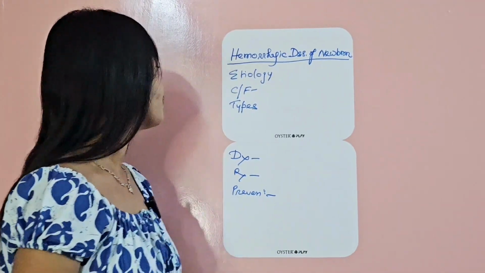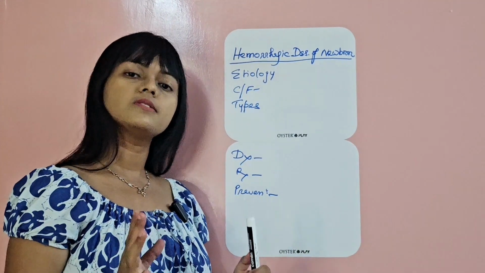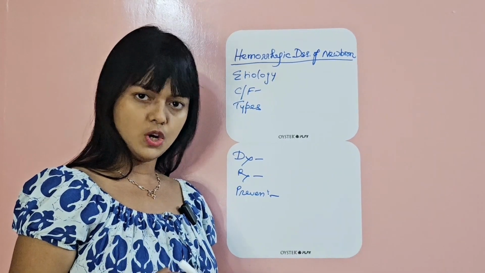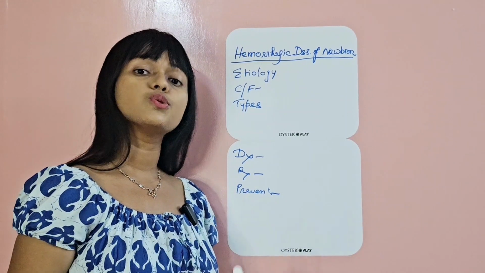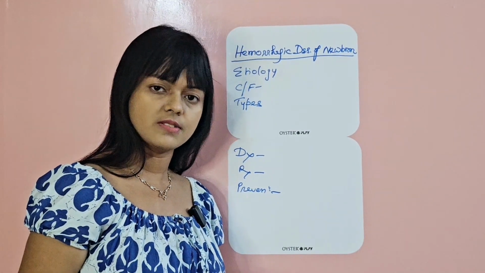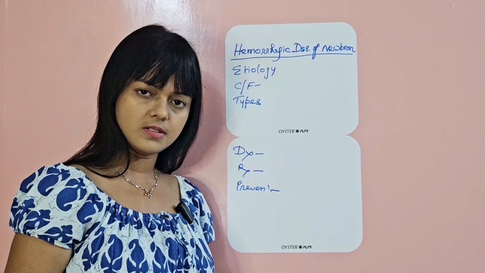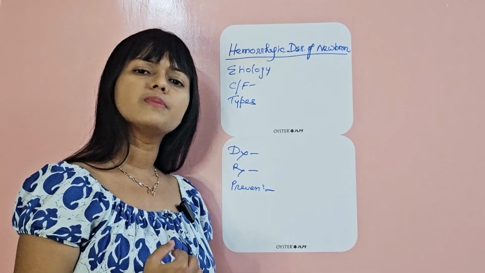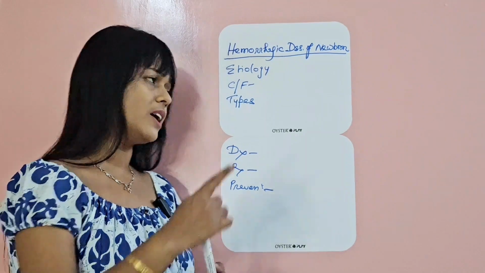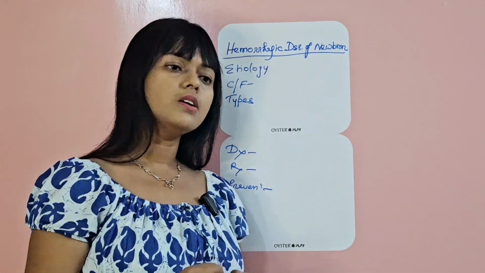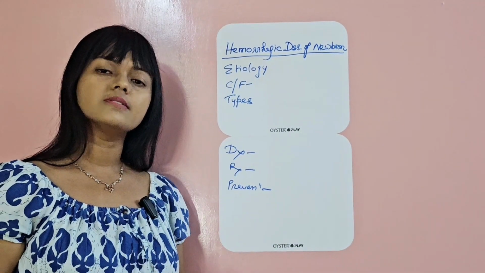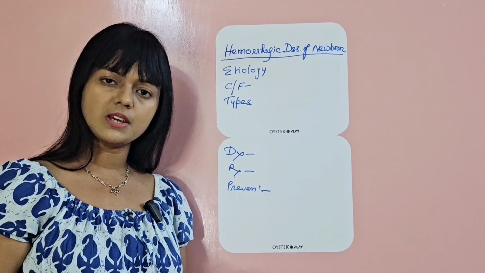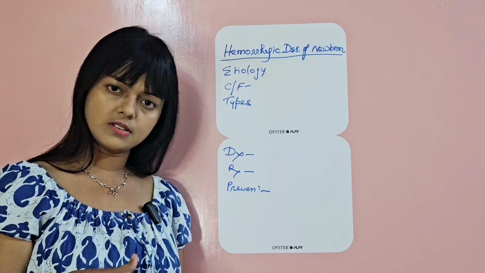So what is etiology? What is hemorrhagic disease of newborn? Actually, any bleeding in newborn which occurs due to vitamin K deficiency causes hemorrhagic disease of newborn. And why does this vitamin K deficiency happen in newborn? That is the etiology. First reason is there is poor transplacental transfer of vitamin K from mother to fetus.